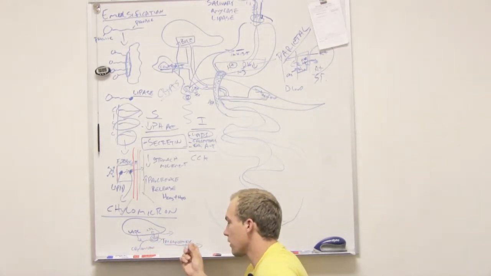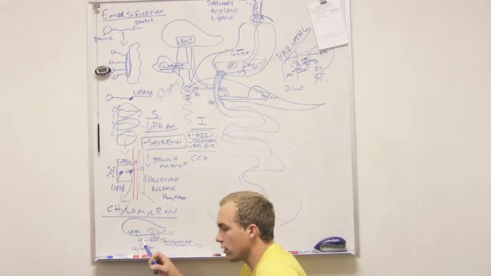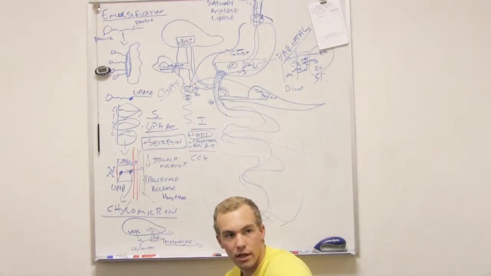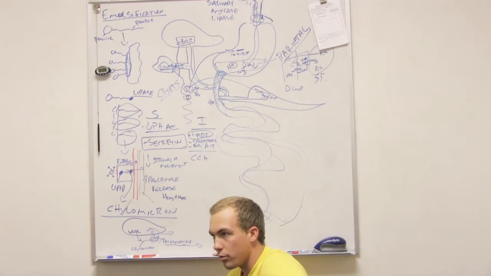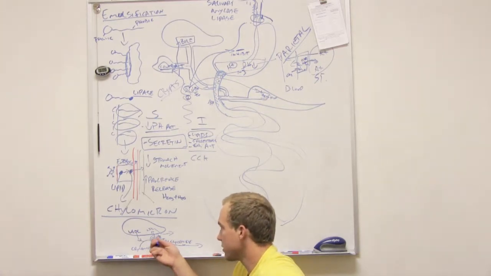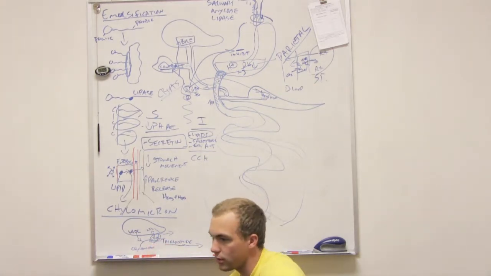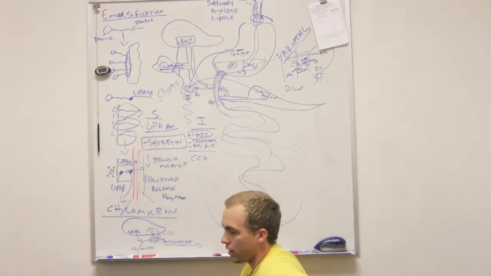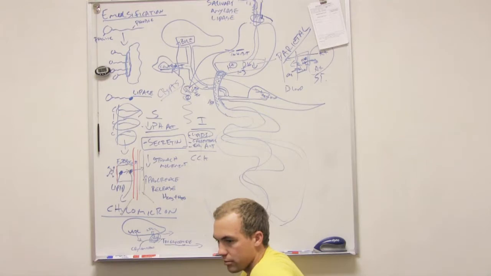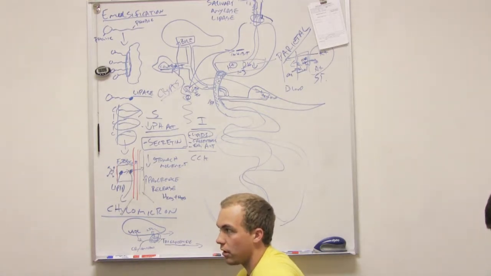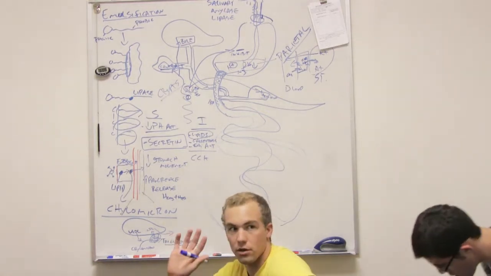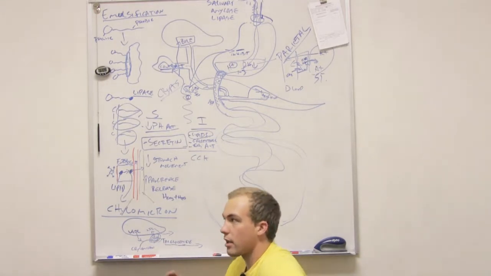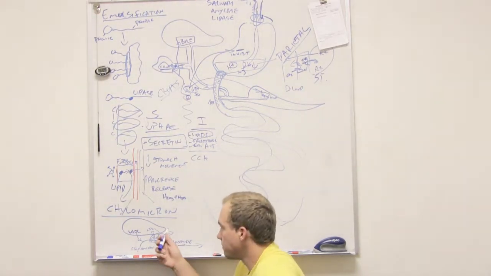So I took the fat away and put the cholesterol in the liver and put some proteins on it and call it a low density lipoprotein, which is basically just a bunch of cholesterol. That's why they say LDLs are cholesterol and really bad for you. You need some, but if you have too many LDLs, you don't use them all, and they build up in the arteries. They make plaque and ruin the walls of your arteries, right?